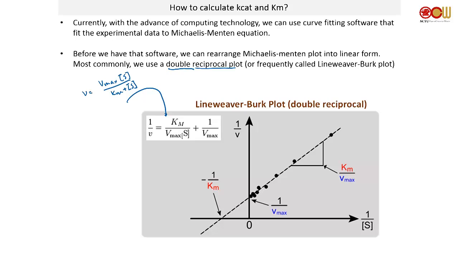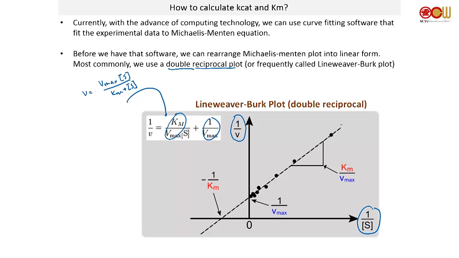Then you plot 1 over V versus 1 over S. If you plot 1 over V versus 1 over S, you will get a linear line, because this is going to be a constant, and this is going to be a constant.